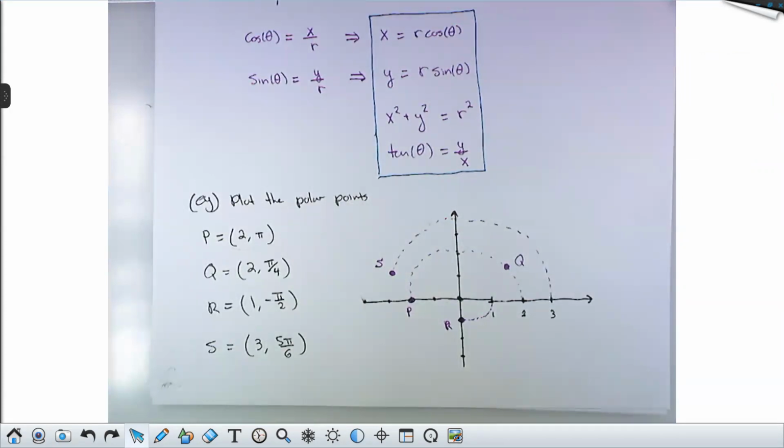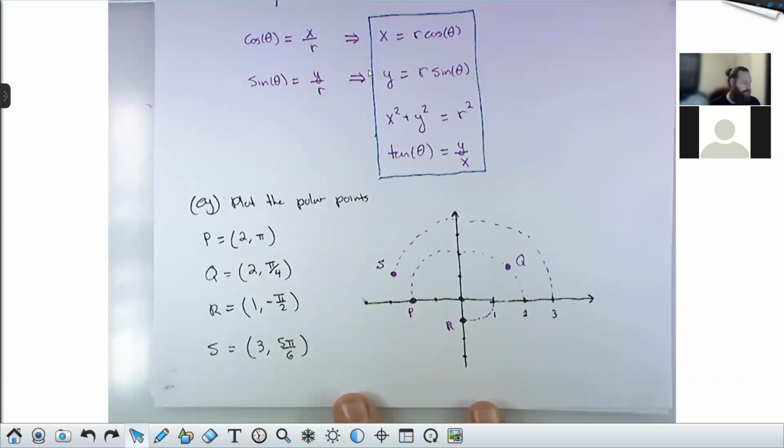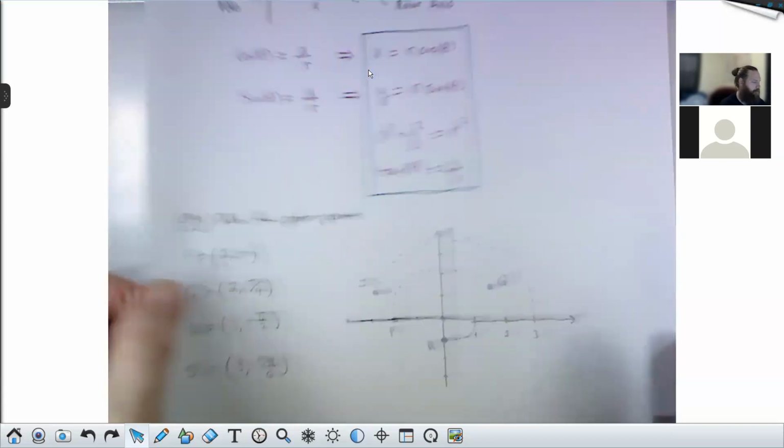Okay. The next thing I want to talk about is converting from Cartesian to polar and polar to Cartesian. It's easier to go from polar to Cartesian. So the first thing I'm going to do is find the Cartesian coordinates of all these points.